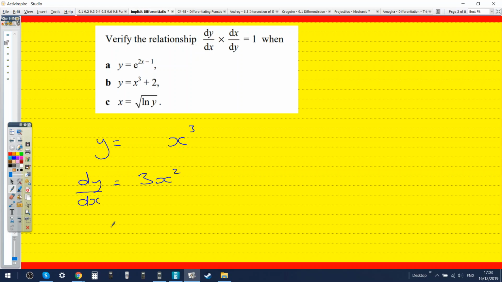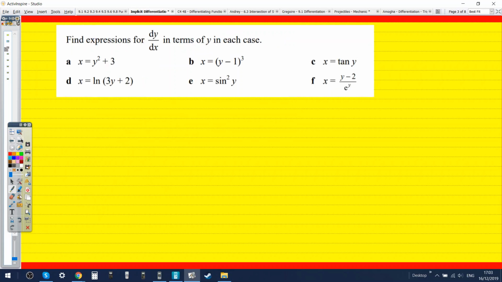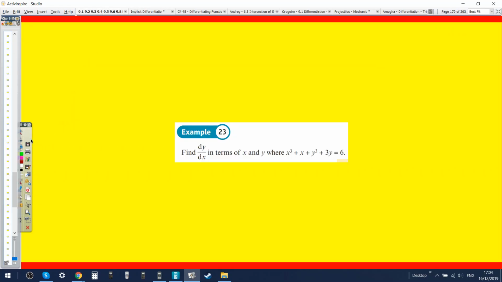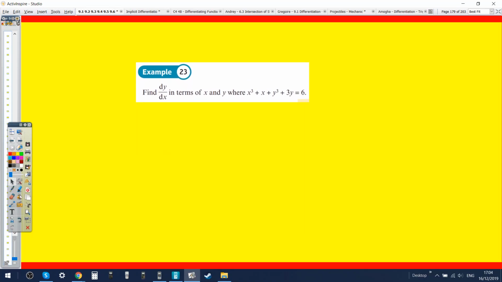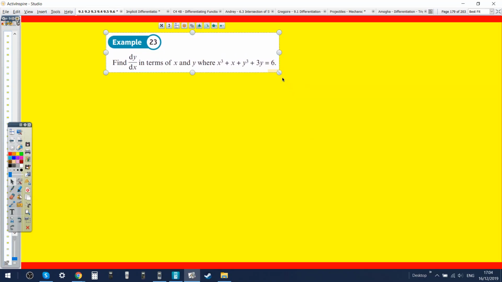Yes. And so anytime you differentiate a y with respect to x, you just differentiate it normally and write dy dx after it, because you would bring it to the other side. I'm just trying to see if there's an easy example. All right, I'll do it properly. Okay, so this one. So try this.